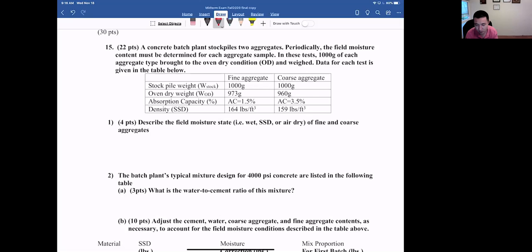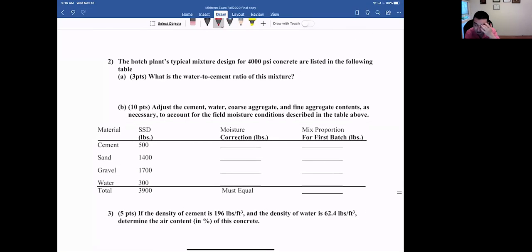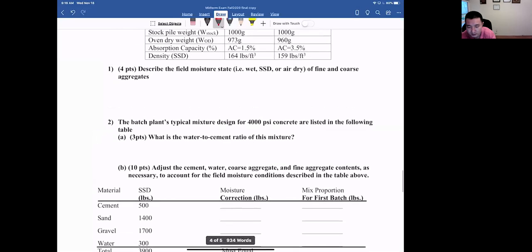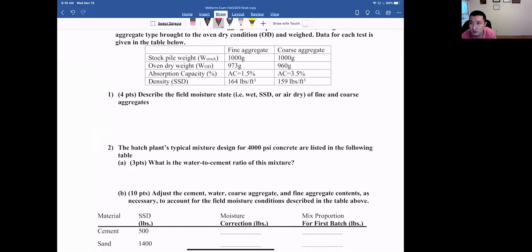So if you do not know how to calculate the moisture content and adjust the moisture content for sand and coarse aggregate, make sure you understand that. We don't have enough time today, but we're going to stop at 9:20 anyway.